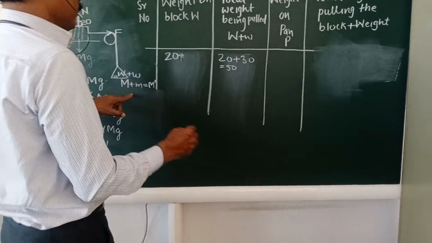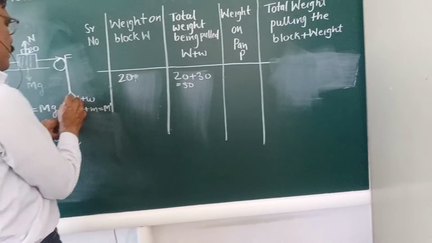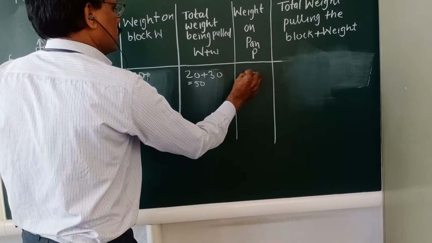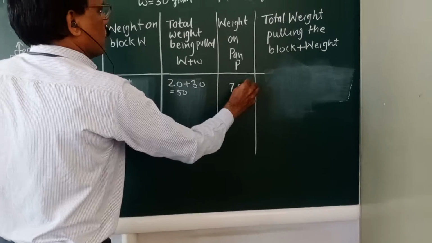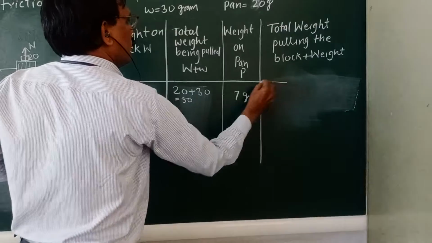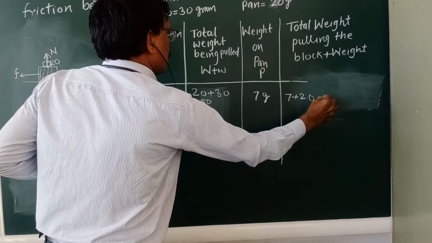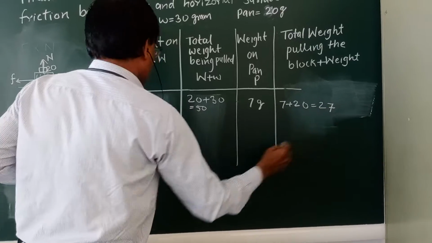What is the weight of the pan? The weight of the pan is 20 gram. Suppose if I put here 7 gram, the total weight pulling the block will be 7 plus 20, so this will be 27.